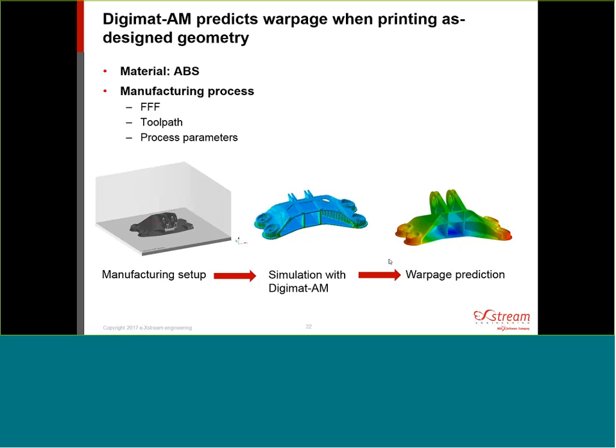And of course, what we see from the warpage prediction is that we have a very bad respect of the dimensional tolerance. We are actually completely out of the dimensional tolerances.